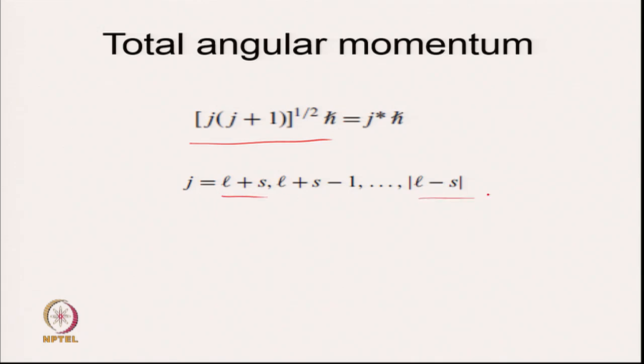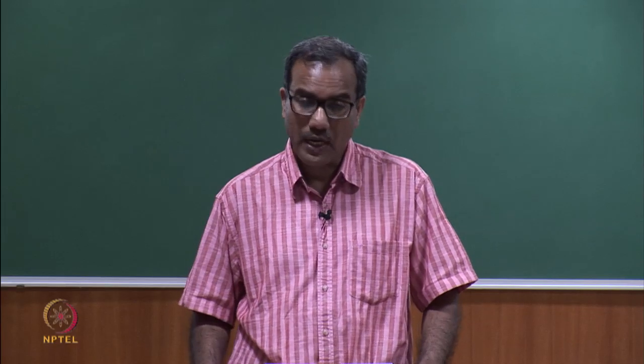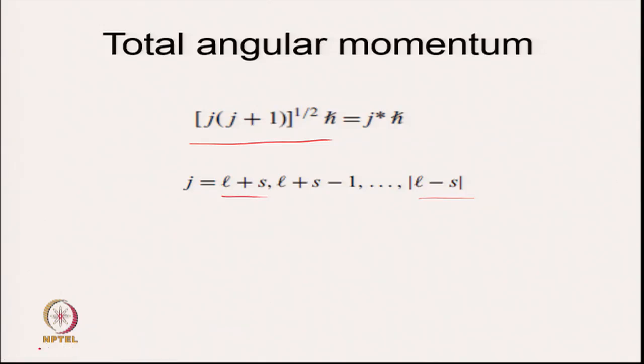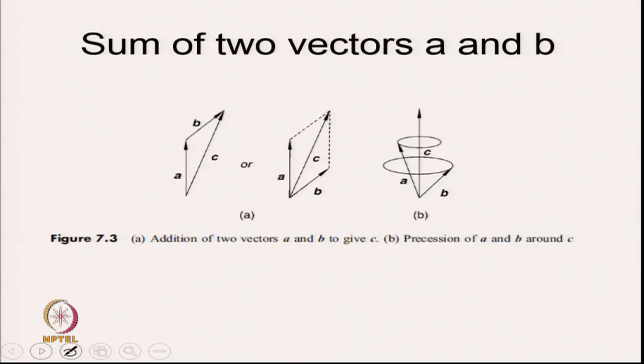This we have already discussed in rotational motion, but just to refresh you with this angular momentum, I just revised it. Okay. So, the sum of two vectors A and B tells you that if there is A and B, then this is your vector C, and this is another way to look at vector C. So, A plus B gives you vector C.